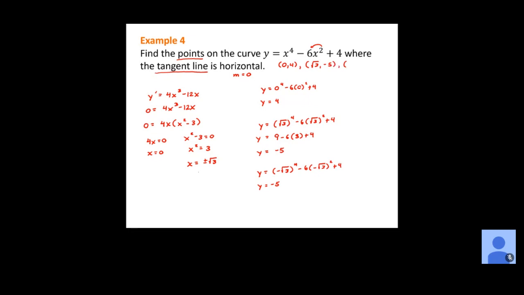And then our final point is just going to be negative square root of 3 and negative 5. Good. So these are the points on that curve where we should have a horizontal tangent line. Any questions about any of the steps that we did there?